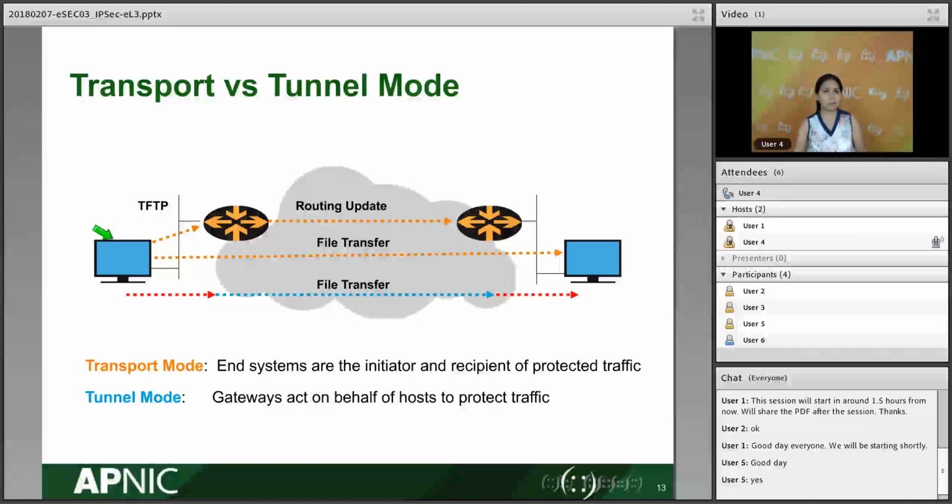It's A's IP address. What's the destination? It's B's address, right? However, when it reaches this router and I have IPsec configured here, the source will now be this router, and the destination is of course the other router on the other end.